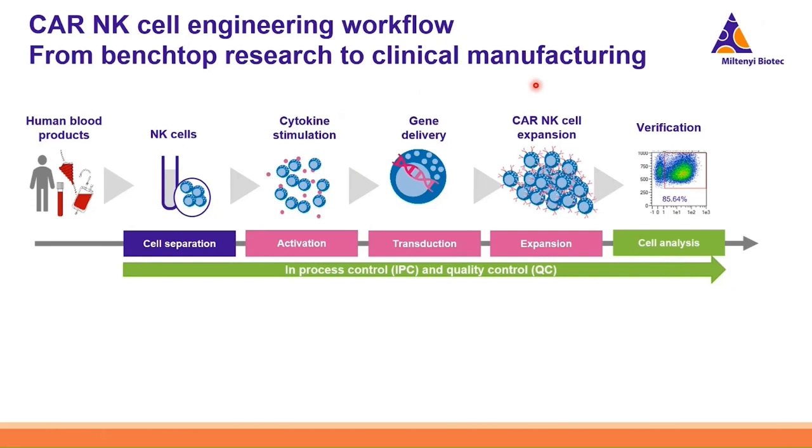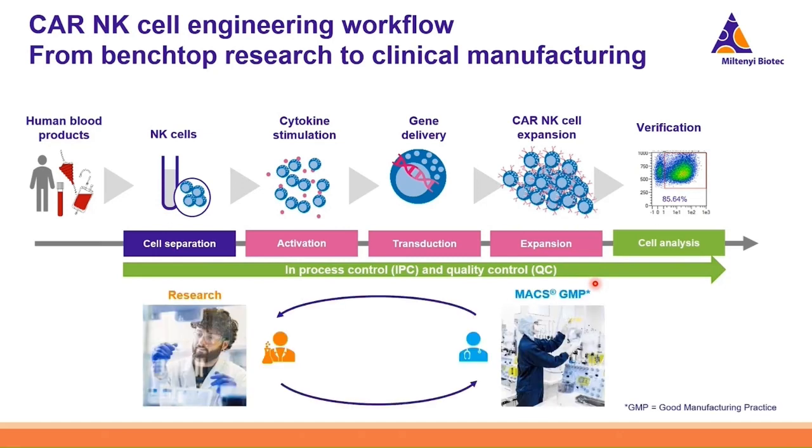And of course, the verification, not only at the end of the process to assess the functionality of the CAR-NK cells, but also throughout the whole process to ensure that the engineering is taking place the way it should. Thus we will focus today on both the research and the clinical side and show which products we have for the workflow and how this is working.